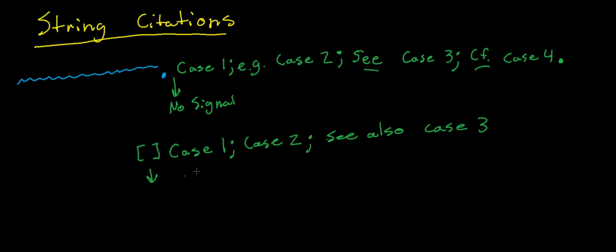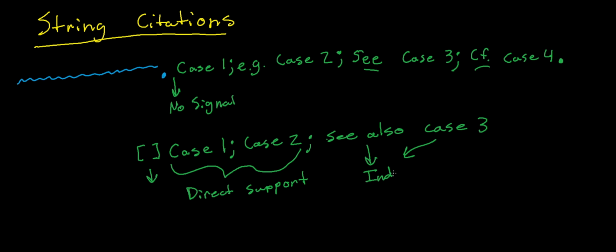So no signal goes first, and we have two cases with no signal. That's how we would illustrate that. So no signal, case 1 and case 2. That means that both case 1 and case 2 provide direct support. And then C also indicates that case 3 is indirect. Indirect support.